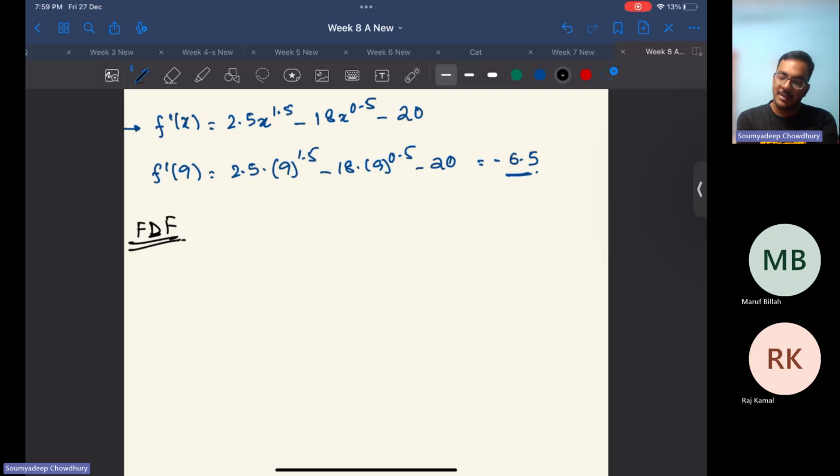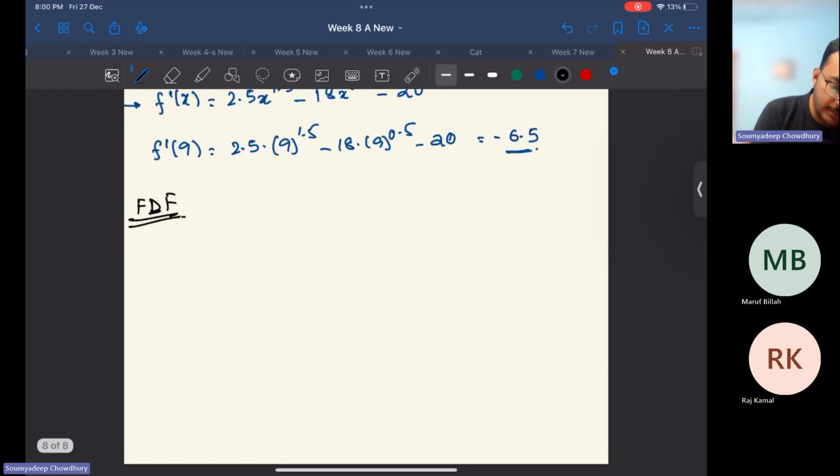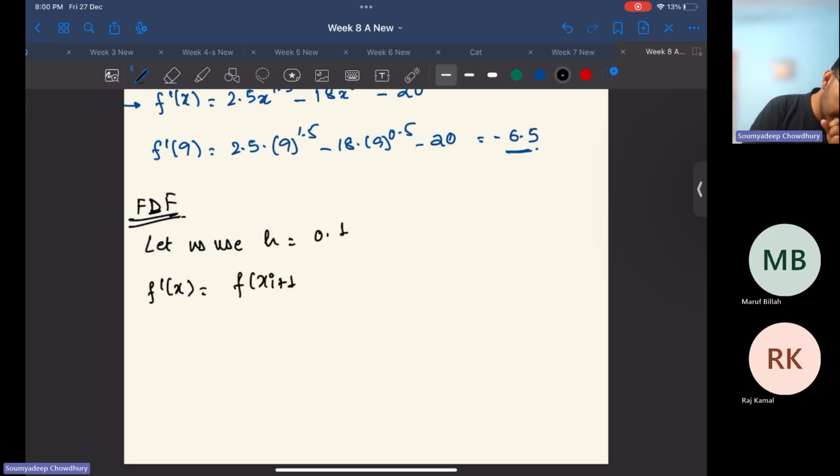We'll fix the scheme, that is forward difference, and see for different values of h what it is giving me. Then we'll fix central difference and see what value it is giving me. So first let us use h equal to 0.1. So if we find this, f of xi plus 1 minus f of xi.